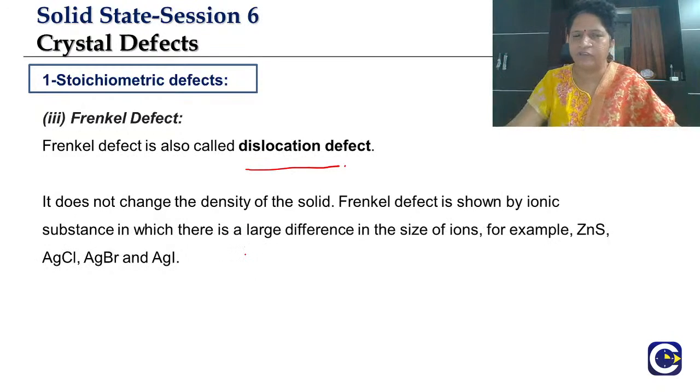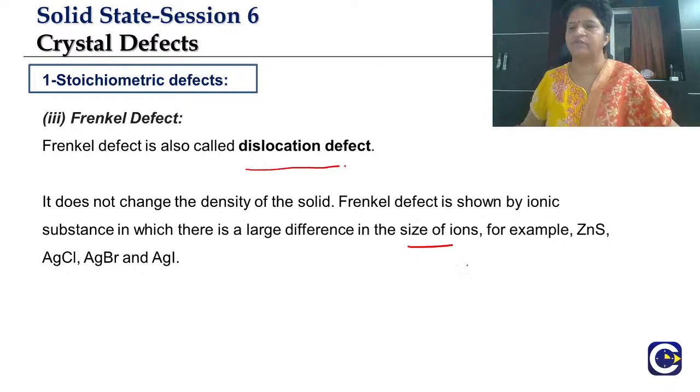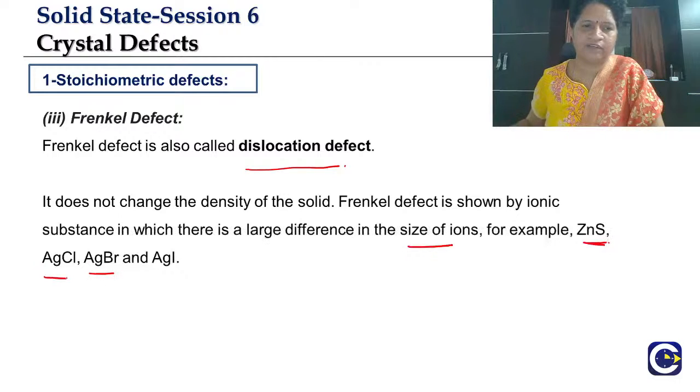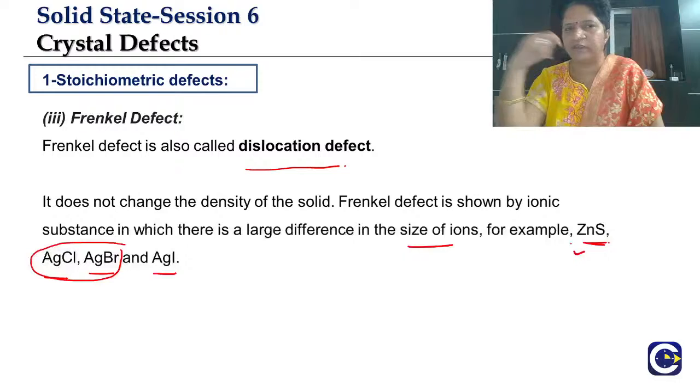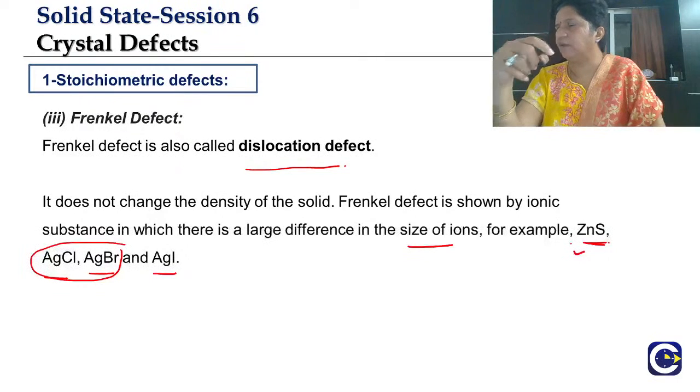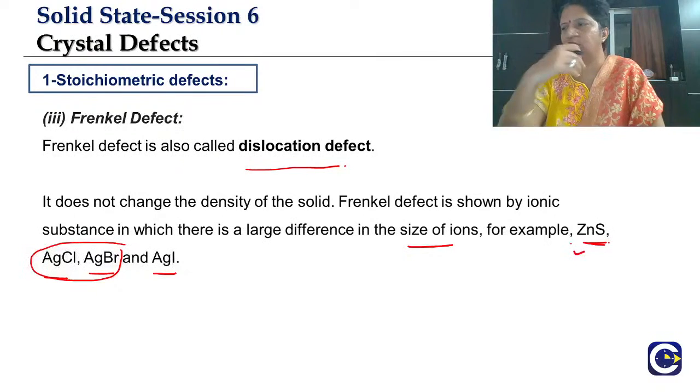Which type of compounds show the Frenkel defect? Those which have a difference in the sizes of the ions, when the cation is smaller than the anion. You can take zinc sulfide, silver bromide, silver chloride and AgI. Remember these examples, because questions are asked about which ionic compound shows both Frenkel and Schottky defects.